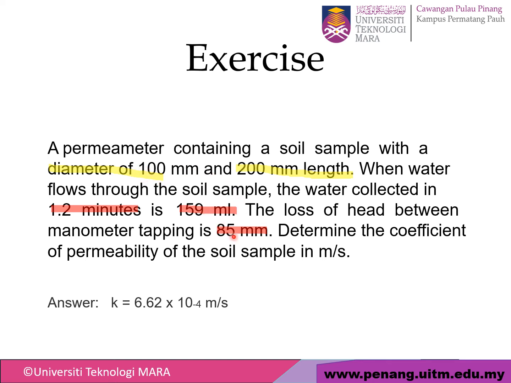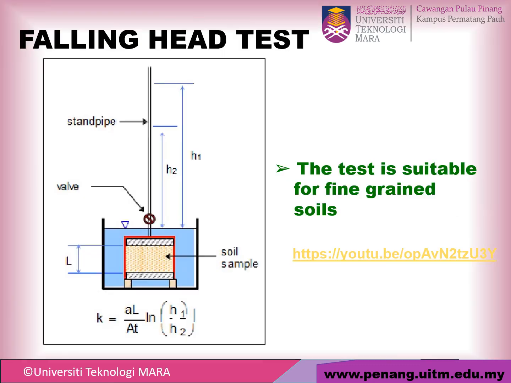And Q is in ml, so you have to convert it into meter cubed. The answer is K equal to 6.62 times 10 to the power of negative 4 meters per second. So you may try now.